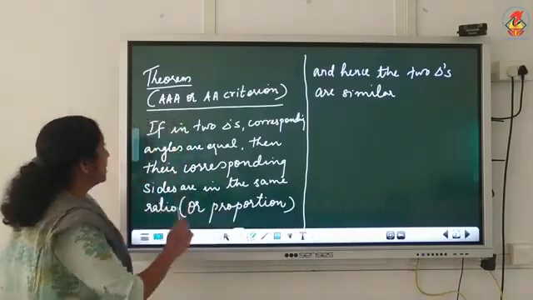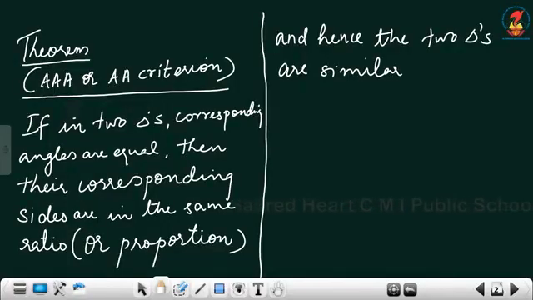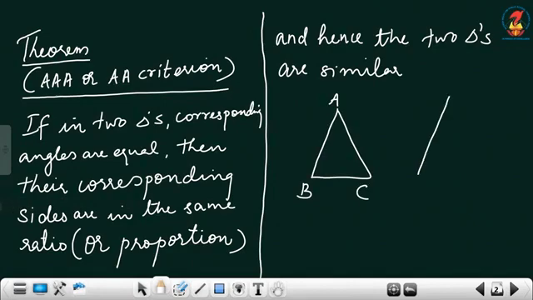The first one is AAA or AA criterion. If in two triangles the corresponding angles are equal, clearly the sides will be in proportion. So if the corresponding angles are equal, both the triangles are similar. That means consider a triangle ABC and PQR.